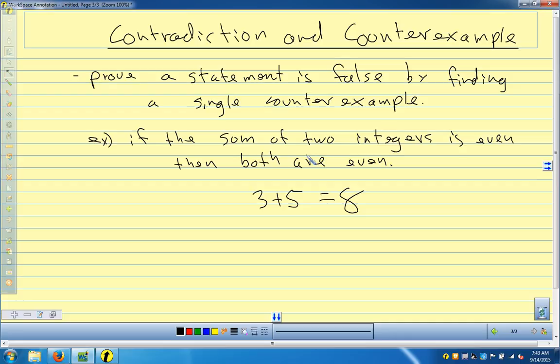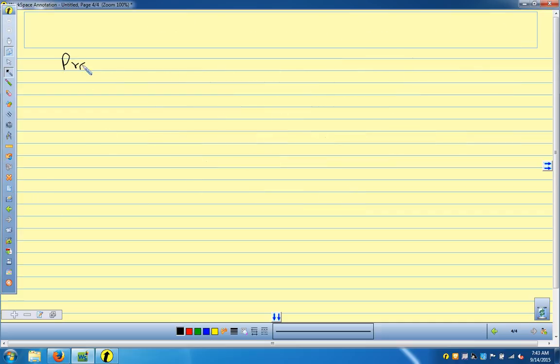Now proof by contradiction is a little different. We're not finding a counterexample.